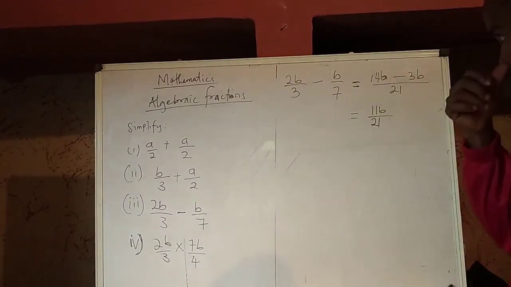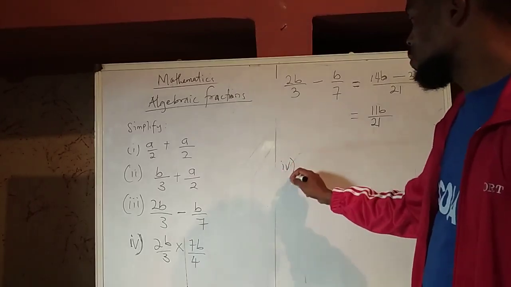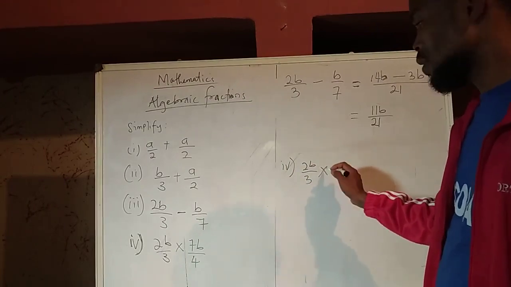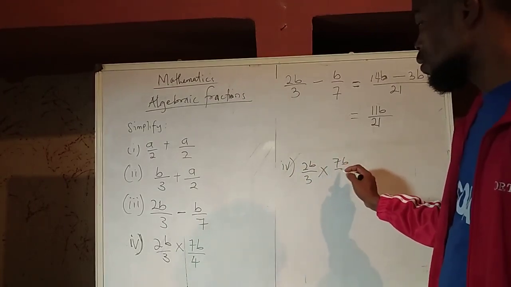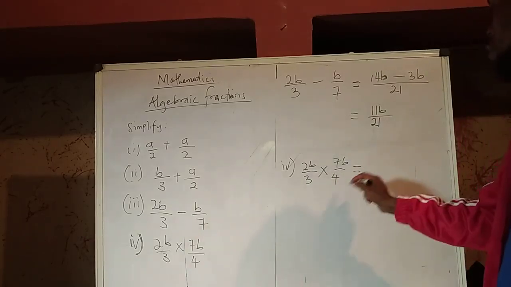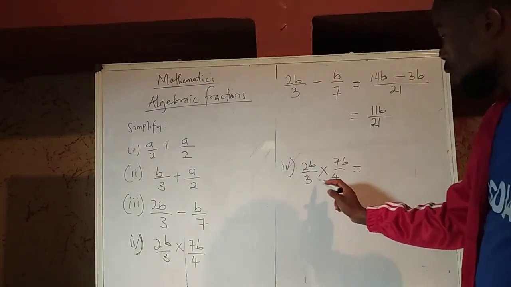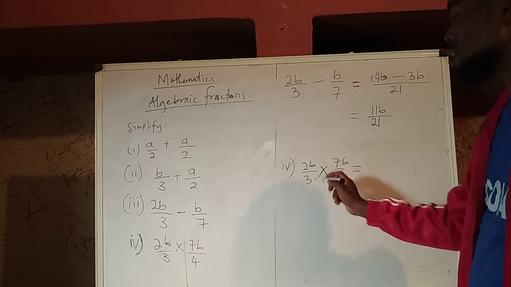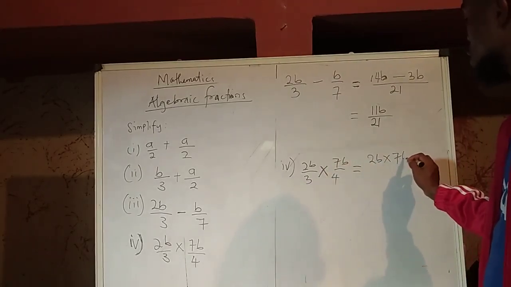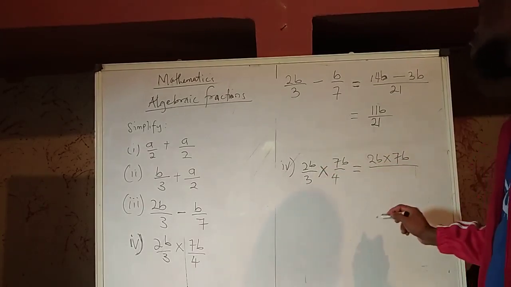Now, let's go to the fourth problem, where we have 2b over 3 times 7b over 4. This is quite simple. When you have fractions and a multiplication sign between them, all you do is multiply the numerator by the numerator, and the denominator by the denominator.